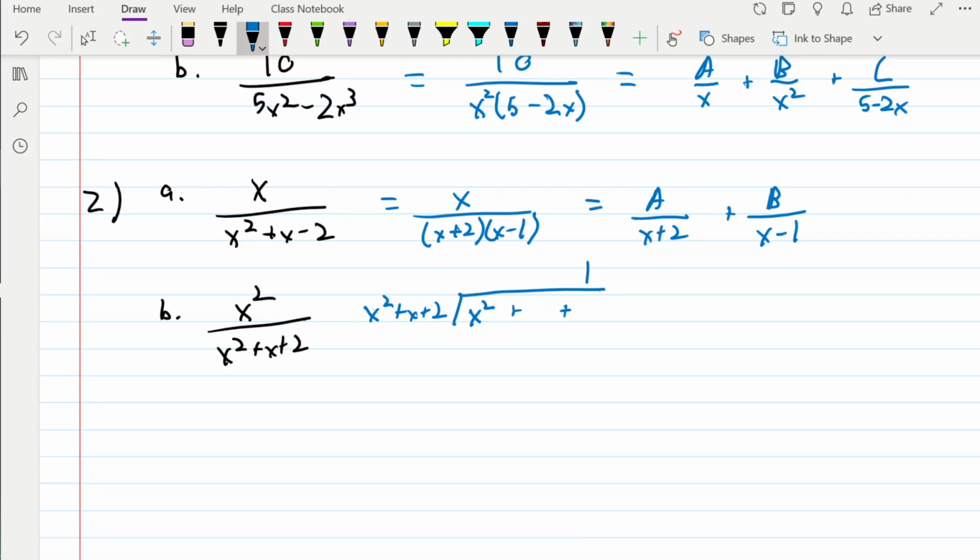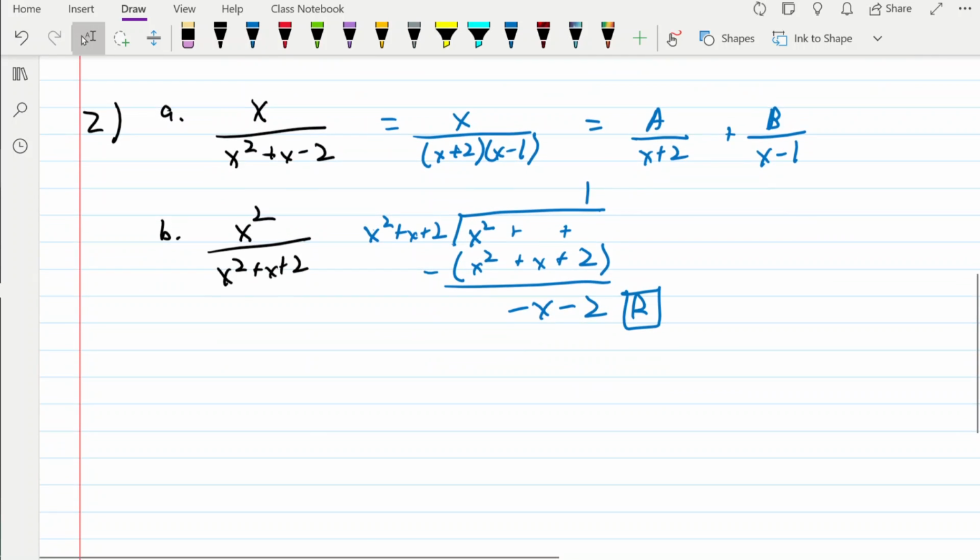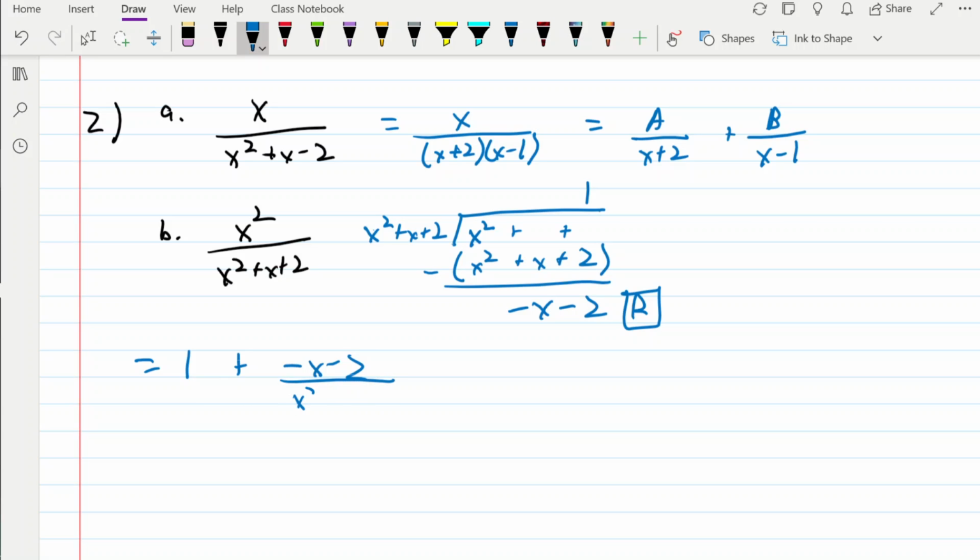All right, so that means we'll get 1, so that's going to be minus x squared plus x plus 2, which means we're going to get opposite x minus 2 as the remainder. So that means this is going to be equal to 1 plus opposite x minus 2 over x squared plus x plus 2.